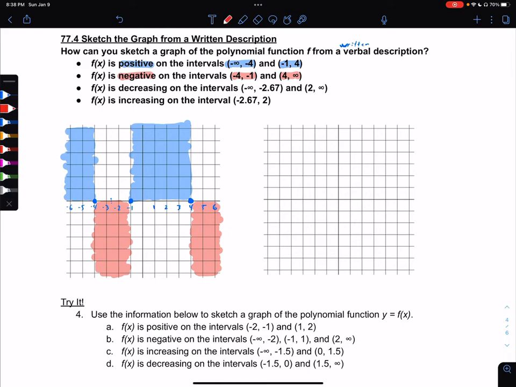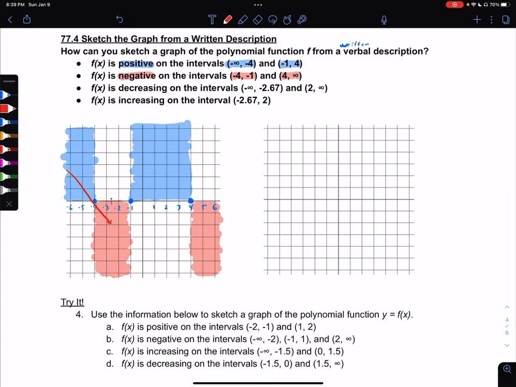Let's actually do this in red. So the graph is going to go from -infinity down this way to about -2.67, and we want to go through that intersection point.